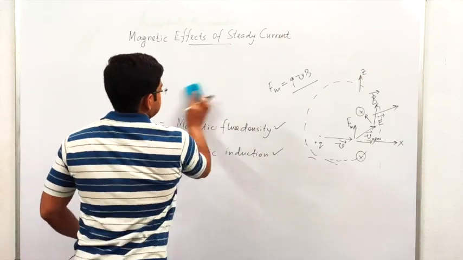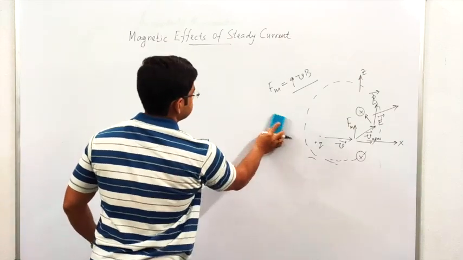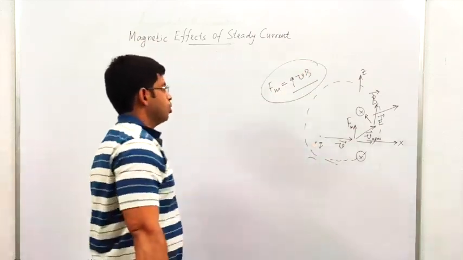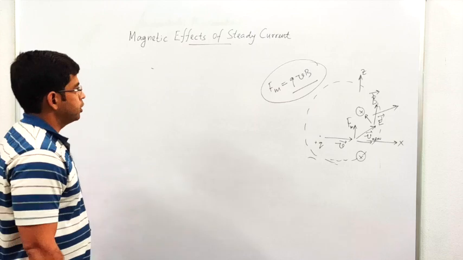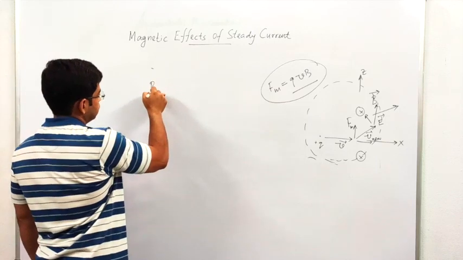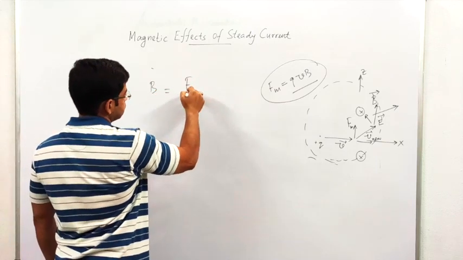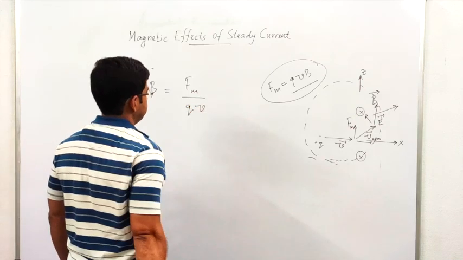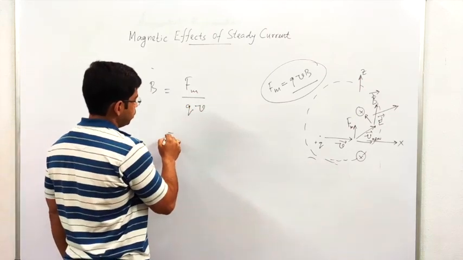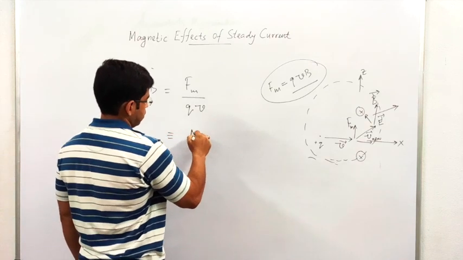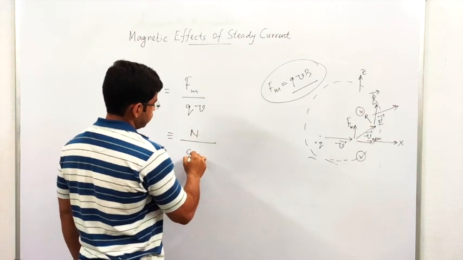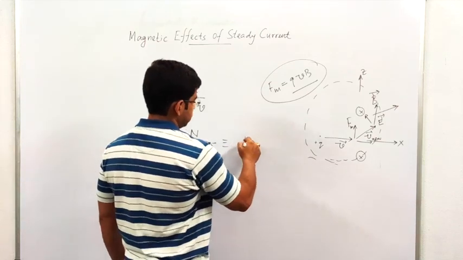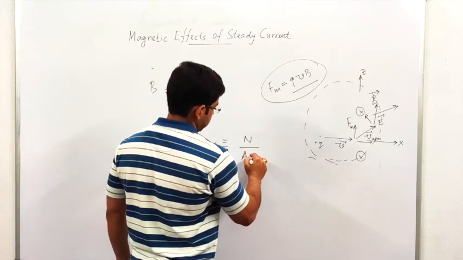Now from the Lorentz force equation, we can define the unit and dimension of B. So crudely, B is the force divided by QV. So the unit will be Newton divided by Coulomb meter per second. Rearranging, it will give ampere meter.